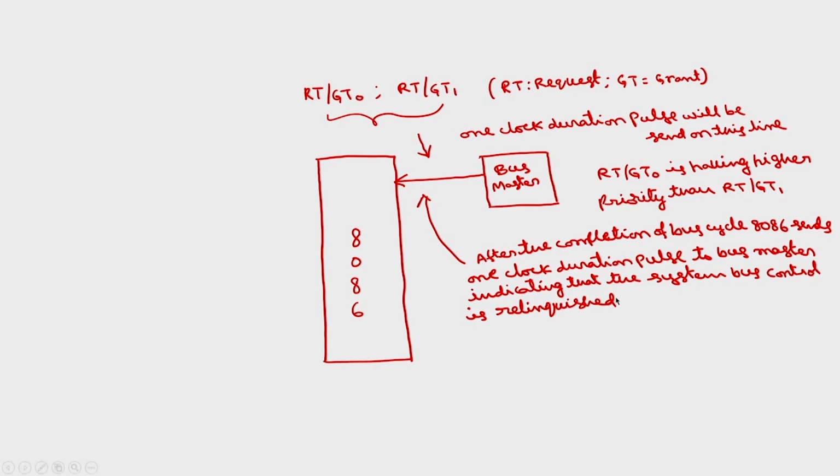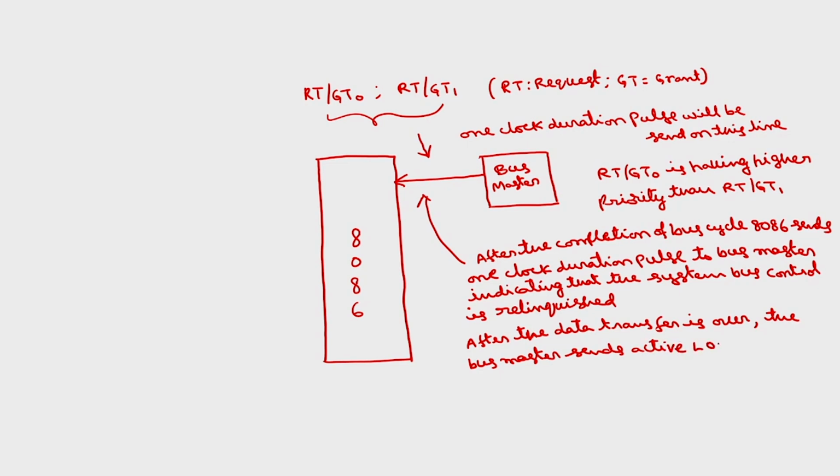Now the bus master can use this system bus for its own purpose. Whenever the data transfer is over, the bus master sends an active low signal on RQ/GT.